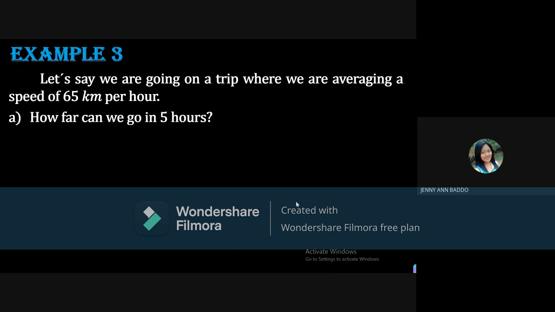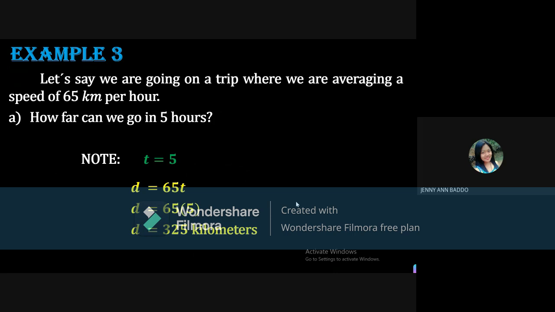First, how far can we go in 5 hours? Take note, the given there is 5 hours. It's the time. Therefore, t equals 5. And using the equation, we have d equals 65t. So by substitution, we have 65 times 5, that is 325.